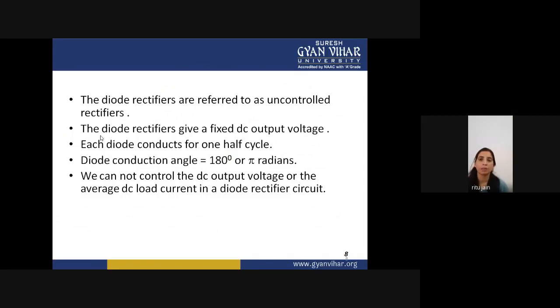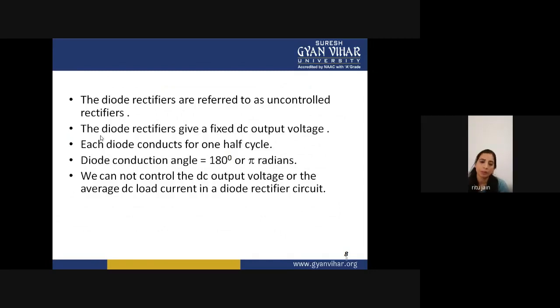Diode rectifiers are referred to as uncontrolled rectifiers, and they give a fixed DC output voltage. Each diode conducts for one half cycle, and the diode conduction angle is 180 degrees.